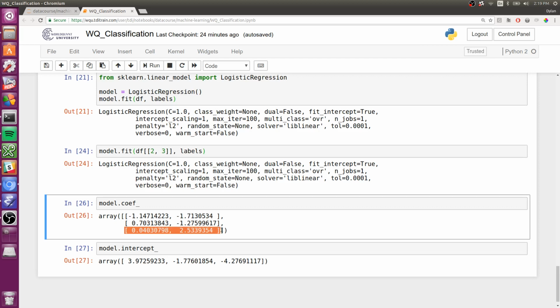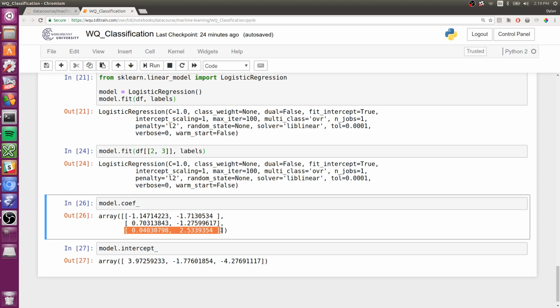So, now, how do I get the boundaries? Oh, because this is a 3-category problem, this is going to be much more complex.